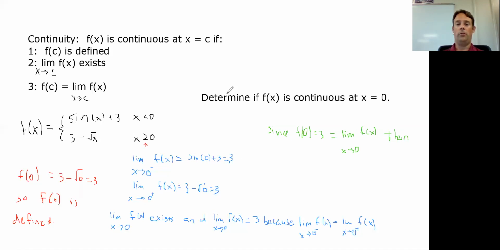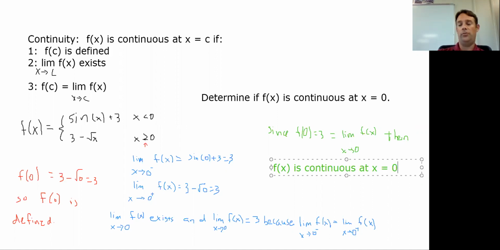I'm going to flip over here so I can write a little bit quicker. Then f of x is continuous at x equals 0.